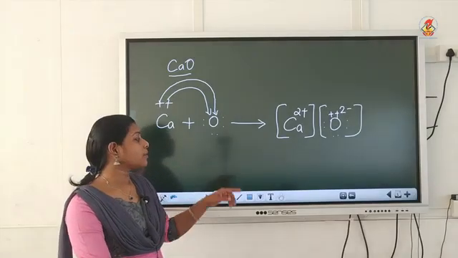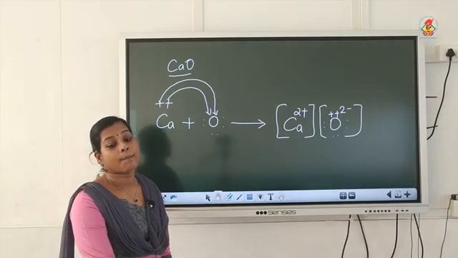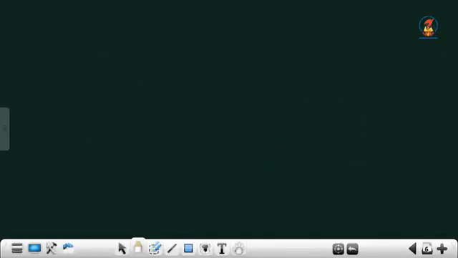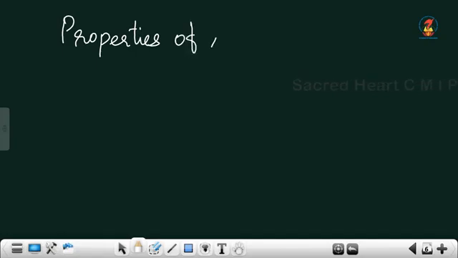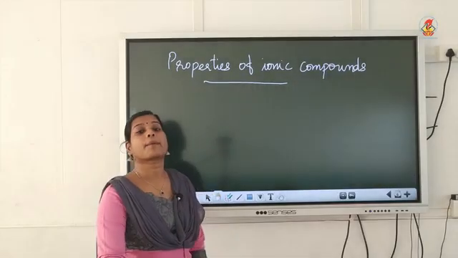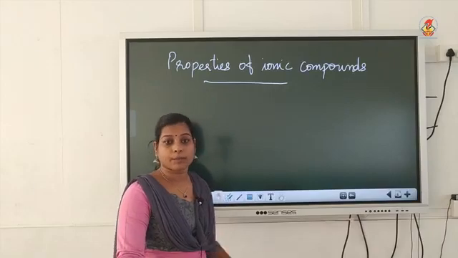Now, moving on to properties of ionic compounds. Ionic compounds are also known as electrovalent compounds. So in this case, what are the properties of ionic compounds?